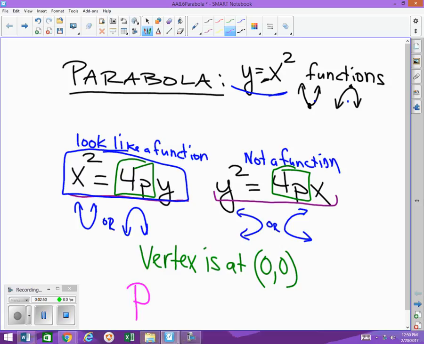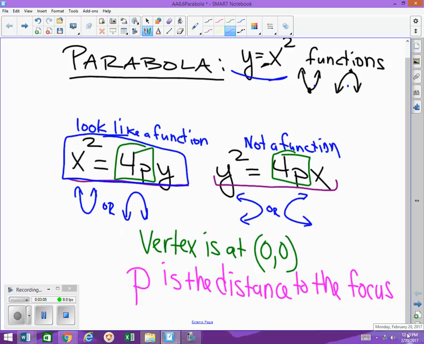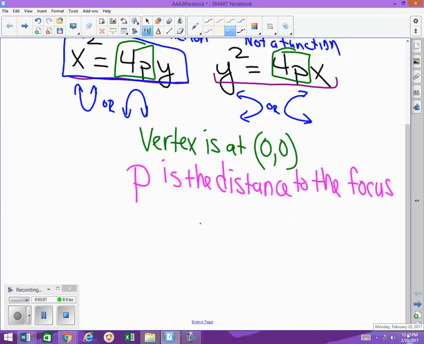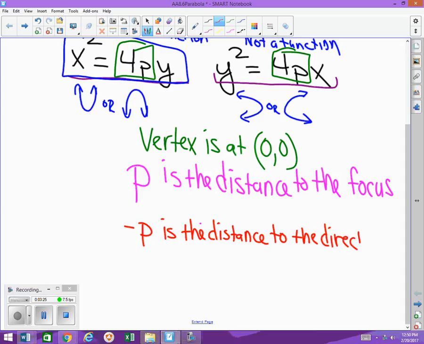Whatever the value of p is, that is the distance to the focus point. And the opposite of p is the distance to the directrix.